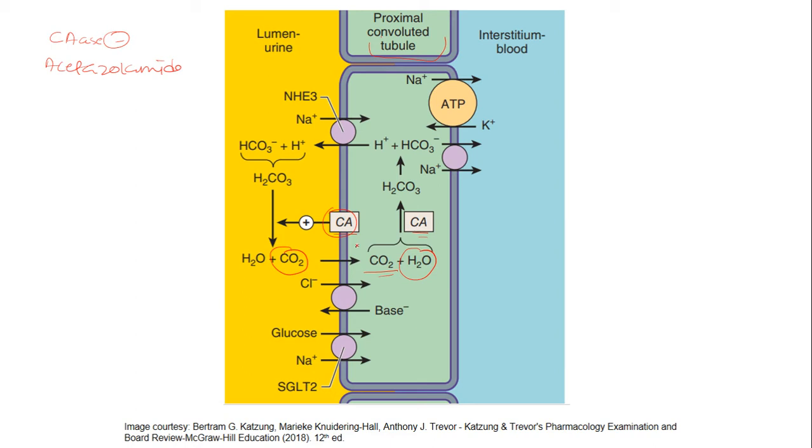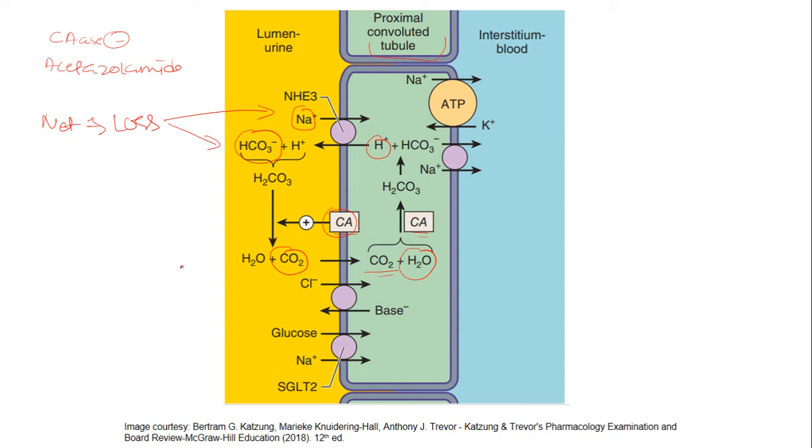When you block these two enzyme activities, the sodium which is getting exchanged with the hydrogen formed here will be stopped, and the bicarbonate which is formed will not be reabsorbed. So the net effect will be loss of both sodium as well as bicarbonate.